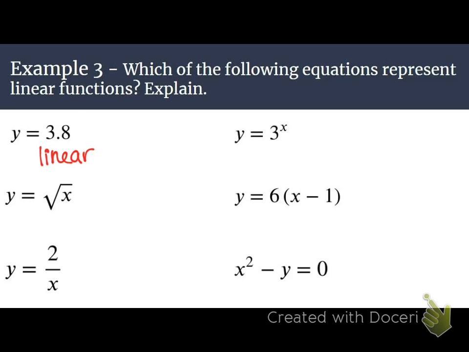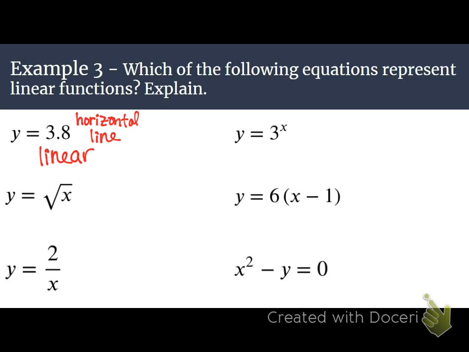You could write that it formed a horizontal line when we graphed it. We'll talk more about these types of functions, or y equals lines, later on this chapter. Okay, questions about that first one?